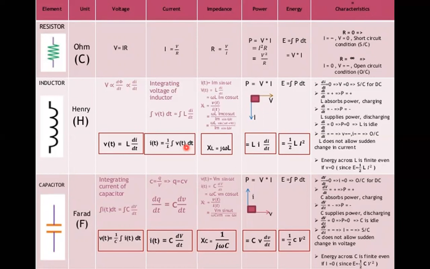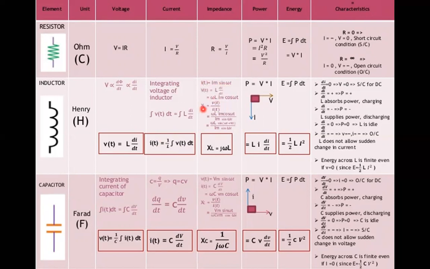Similarly, what is the value of impedance? Impedance is nothing but the joint effect of resistance and reactance. Now that you know the value of I, which is I max into sin omega t, and V is equal to L di by dt, substituting I we get omega L I max into cos omega t.